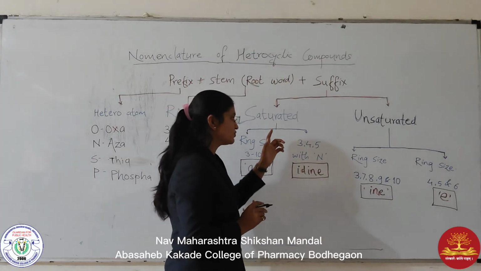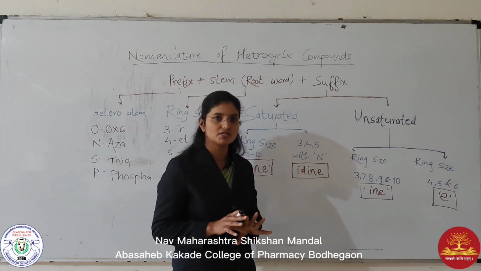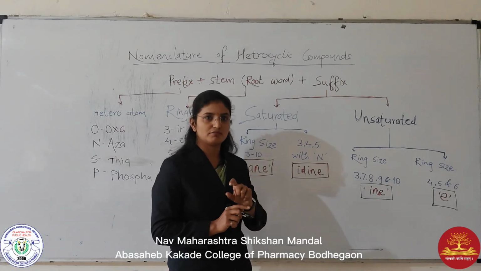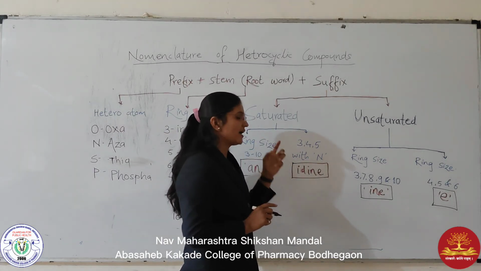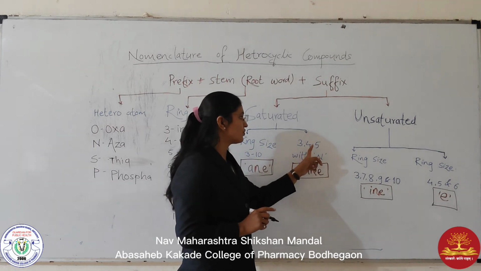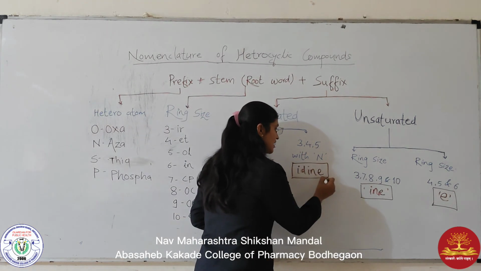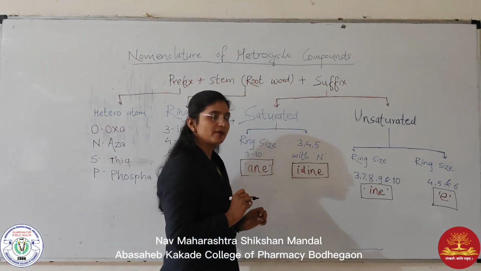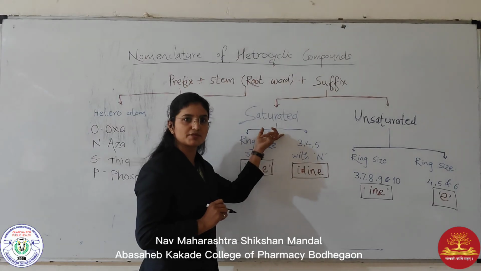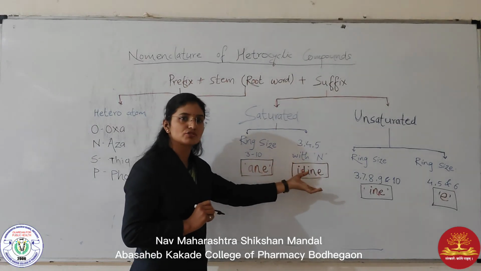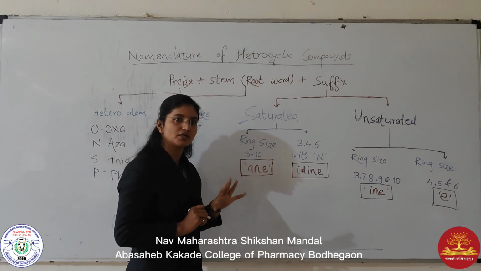And if your saturated ring contains nitrogen and the ring is 3, 4 or 5 member, then the suffix will be idine. So for saturated rings, there are 2 different kinds of suffix used. It depends on the presence of nitrogen and how many members are present in that particular ring.